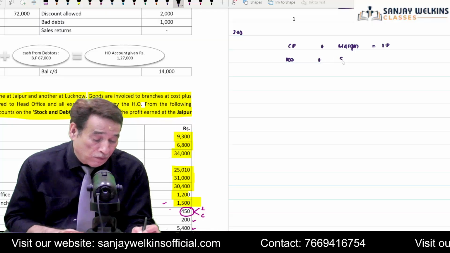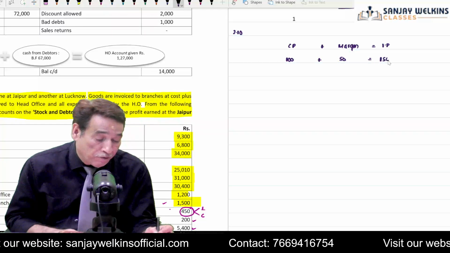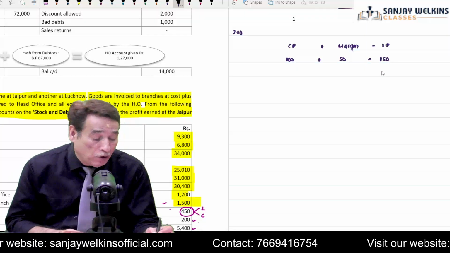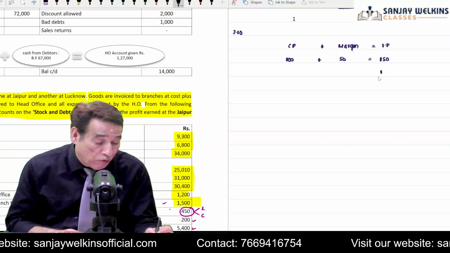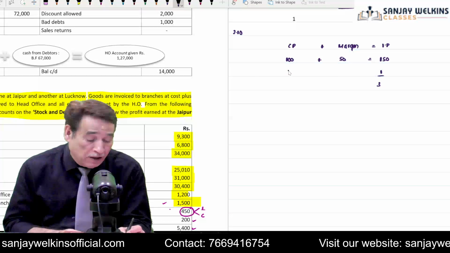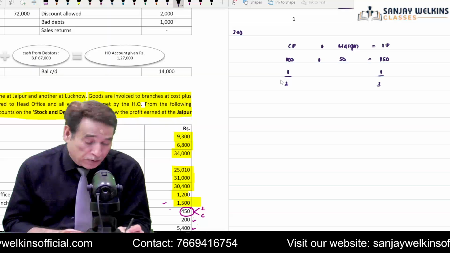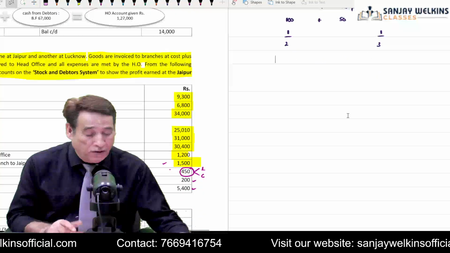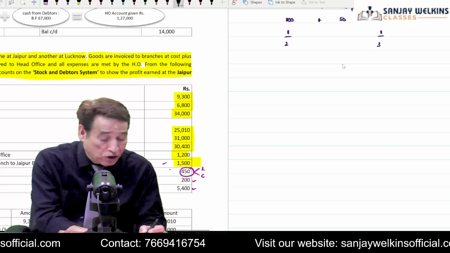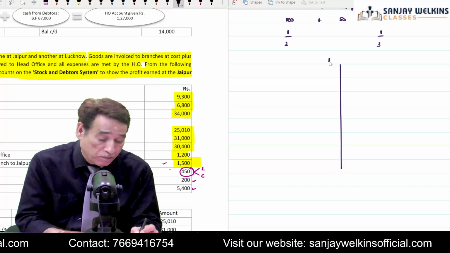Your margin will be 50 and your invoice price will be 150. Your rate of loading on invoice price will be 50 by 150, that is 1 by 3. And the rate of loading on cost will be 50 by 100, that is 1 by 2. Is it clear to you or not? Now I am preparing the branch stock account. This is our branch stock account.